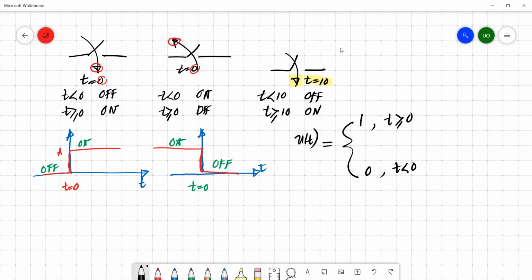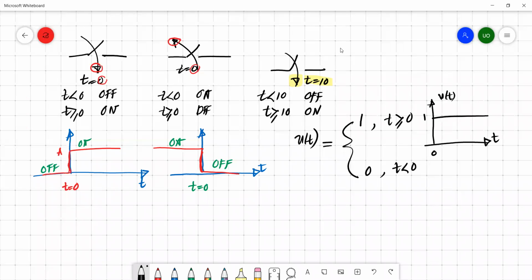If you draw it, it looks like this. This is u(t): here it is 1, and this is 0. From minus infinity to 0 the functional value is 0, then from 0 onward it jumps to a value of 1. This is the unit step.